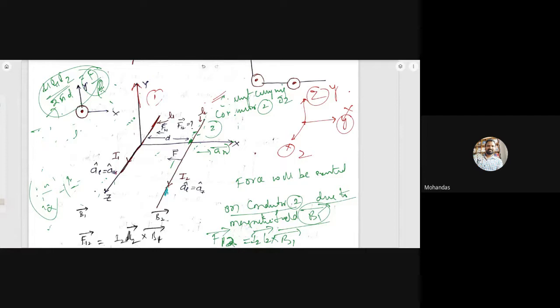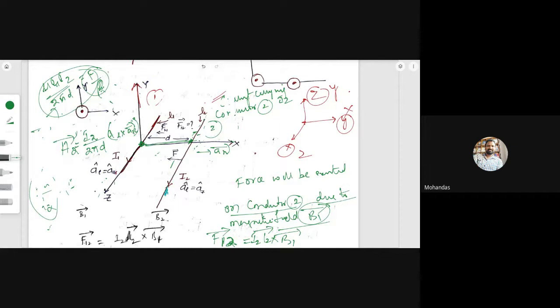The field point is at this position. Due to this conductor 2, I am going to calculate H at this point. The distance is D. H2 equals, the formula I just told you, current I2 divided by 2 pi D, AL cross AR.